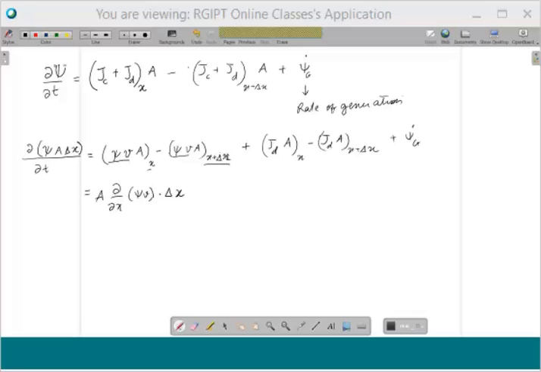You all remember the definition of del f by del x: f of x plus delta x minus f of x, over delta x. Just use that and you'll get this relationship. In the same manner, plus A times minus del Jd by del x times delta x, and then of course plus psi g dot.